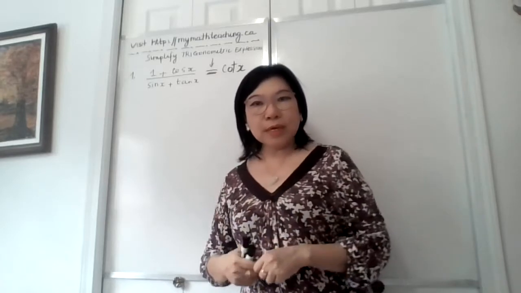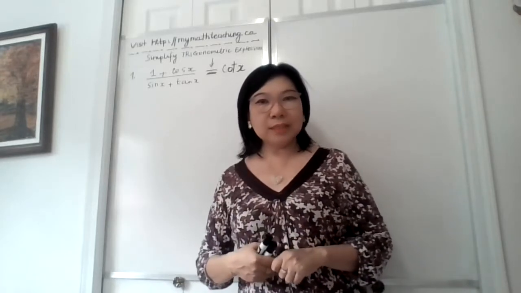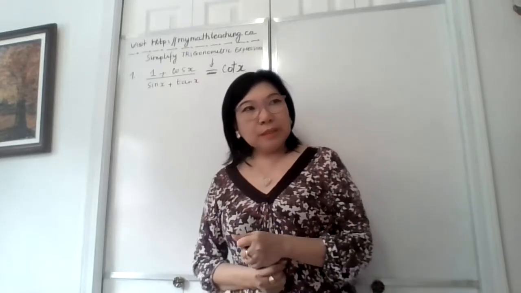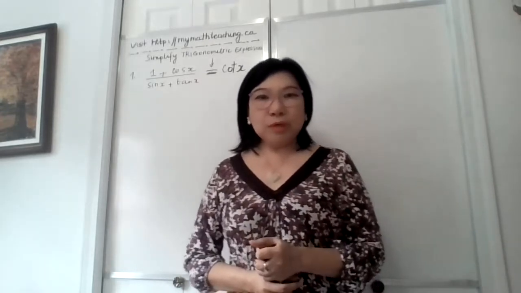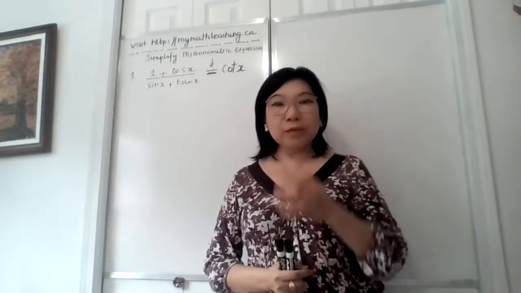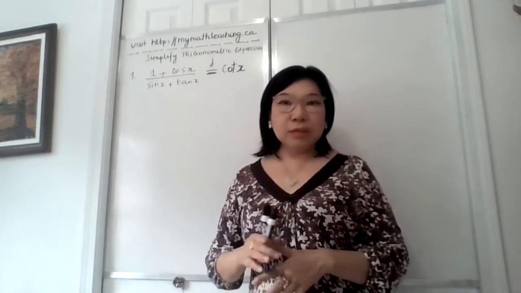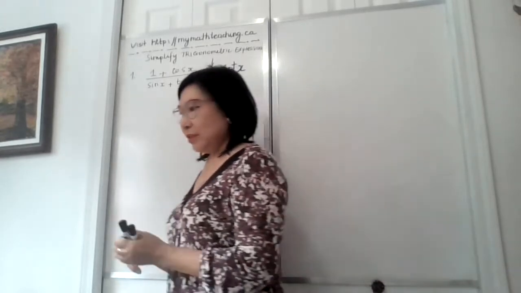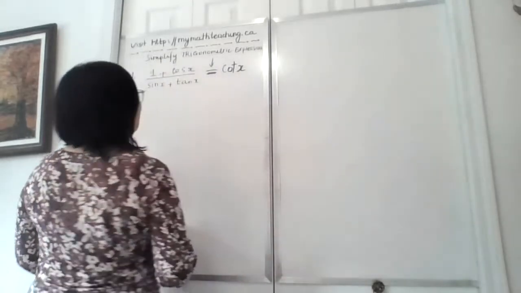And cosecant square x equals 1 plus cot square x. So those are the three identities. Now in the future, you will learn the second kind of identity, which we call the double angle identities. This will come later. So let's do this question now.